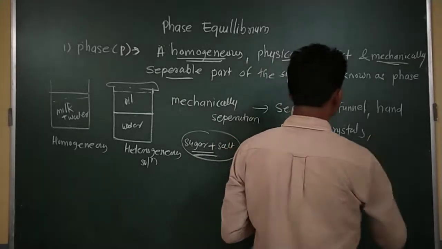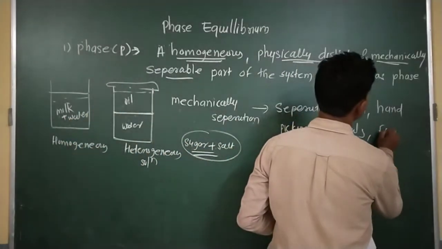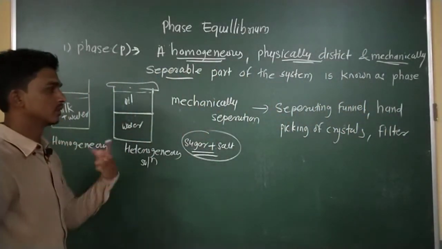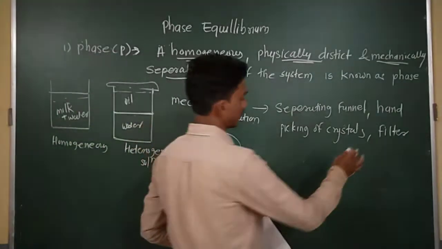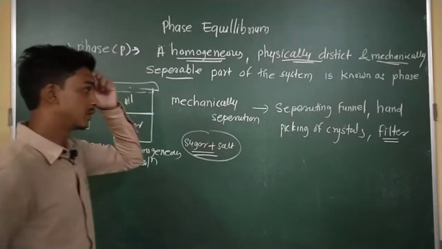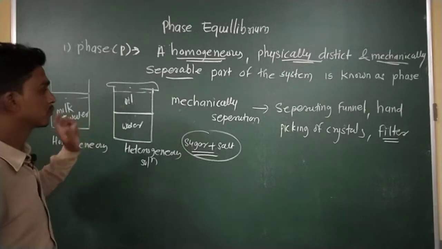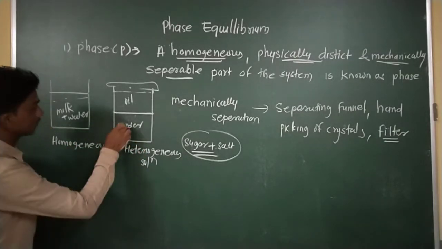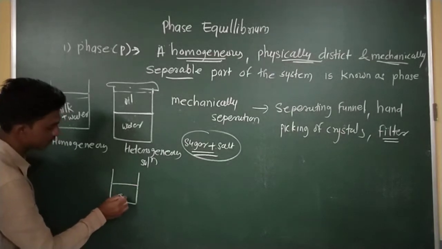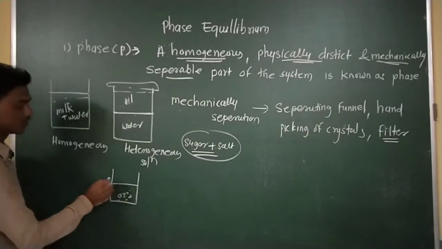Next mechanically separable part is what? The simple filter. We can filter by using the funnel and filter papers. This is also a mechanically separable part. So for a heterogeneous system, just like that, if I want to separate, here are some crystals, some organic or inorganic compound, and this is the water molecules.